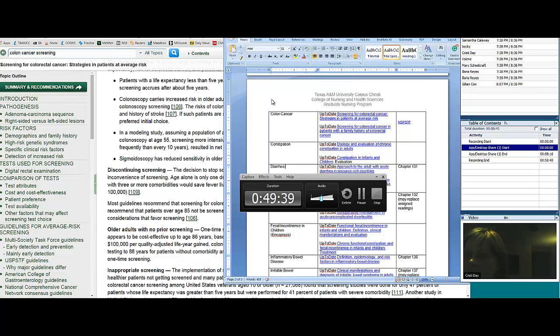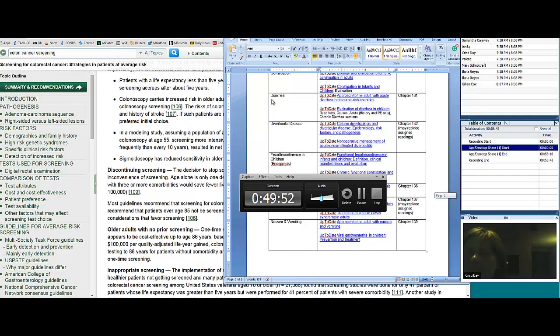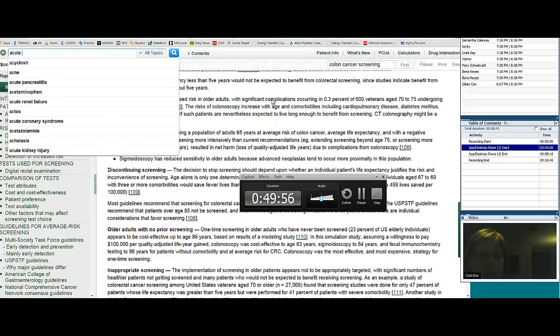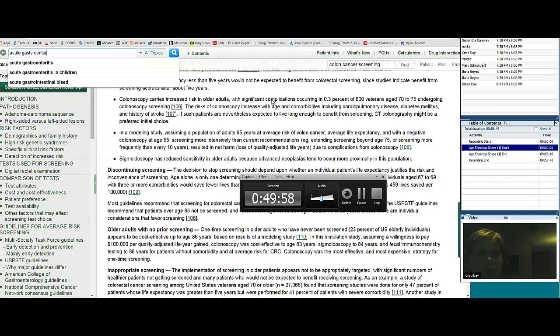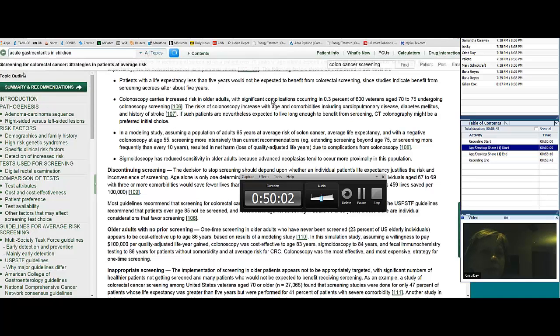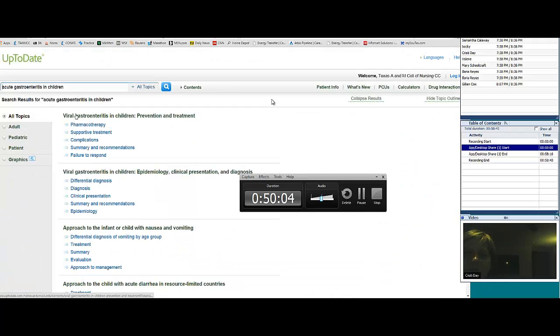I don't really have much to add. This leads into acute gastroenteritis, and you hear about that a lot. And I'm not sure that that was in our readings. Is there even an article on acute gastroenteritis? Okay, let's look in children.